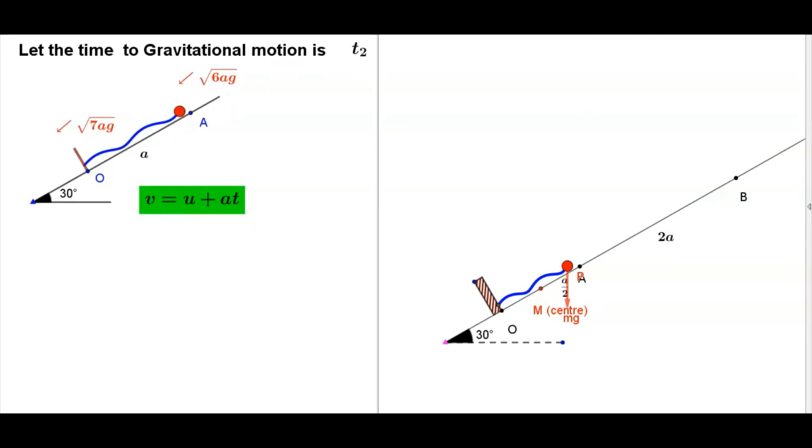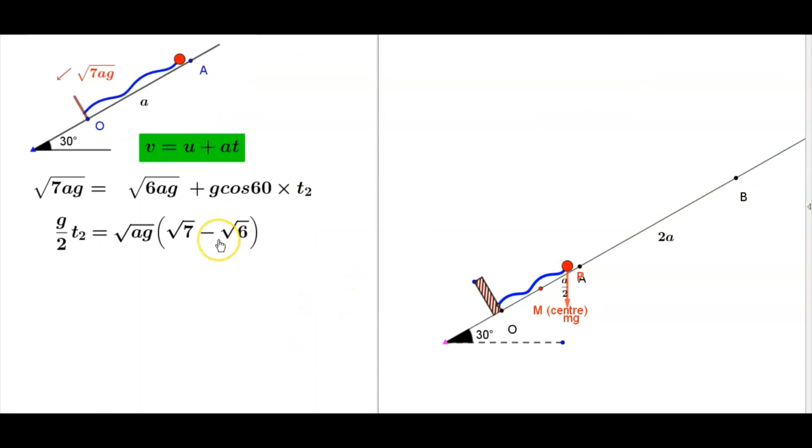Using the equation of motion, V is equal to U plus AT: final velocity square root of 7 ag is equal to initial velocity square root of 6 ag plus G cos 60. Gravitational acceleration is vertically downward, therefore in the AO direction it is G cos 60, times the time T2.